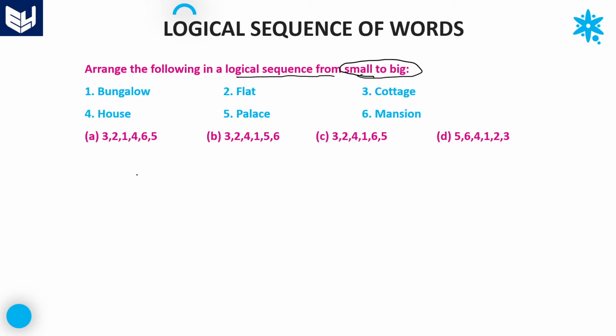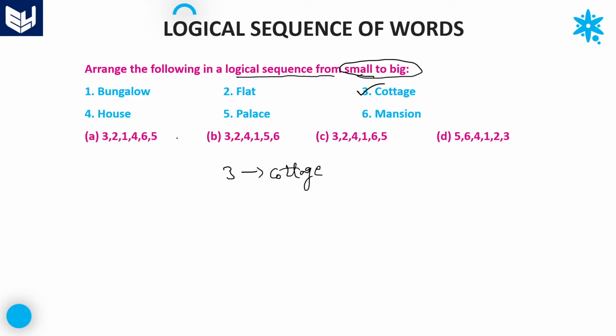We have to arrange from small to big. Out of all 6 words, cottage is the smallest one.